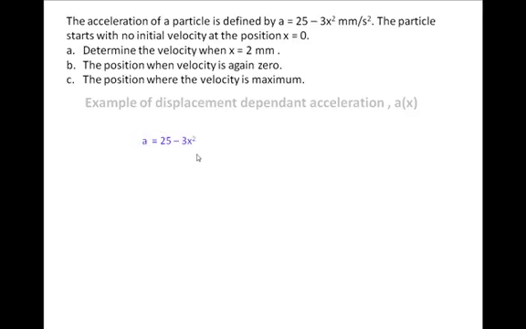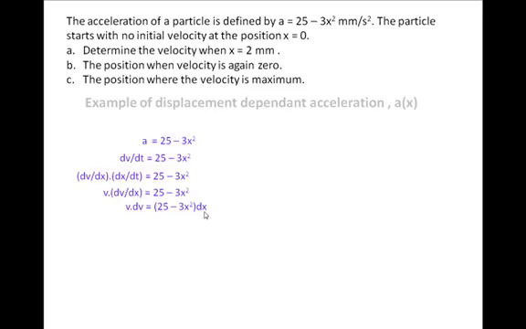We write here a. Now mind you, a is dv by dt, but you can't integrate like this because on this side is dv by dt, this side is x. So all you have to do in this case is write dv by dt as dv by dx into dx by dt and realize that dx by dt is nothing but v. So it is v dv by dx. Now you can separate the variables. See, you can nicely bring it in integrable form. v dv, take dx this side, 25 minus 3x square dx.